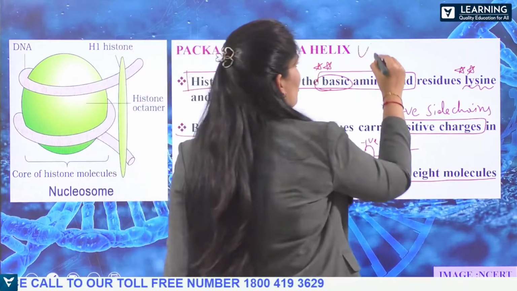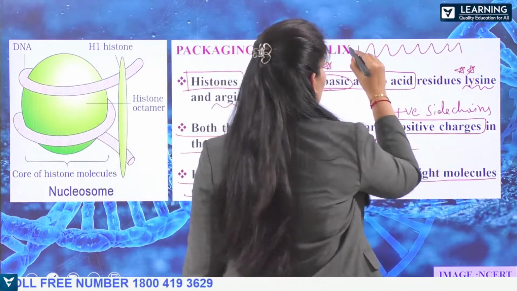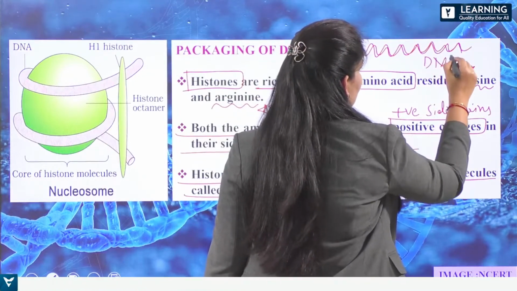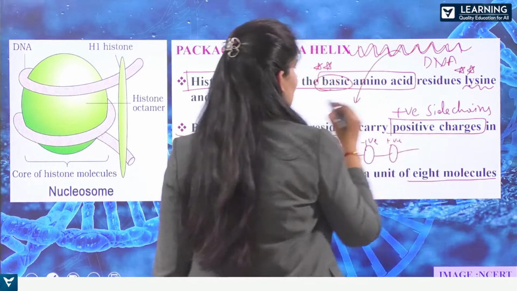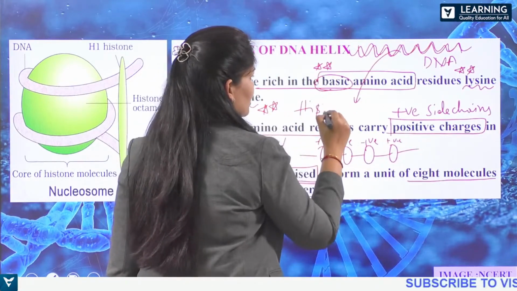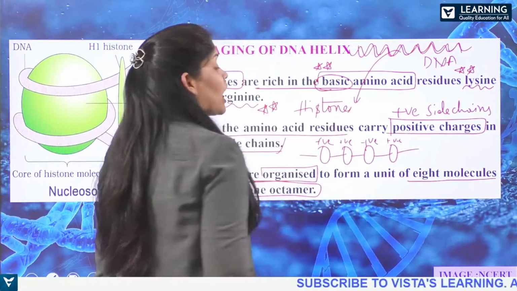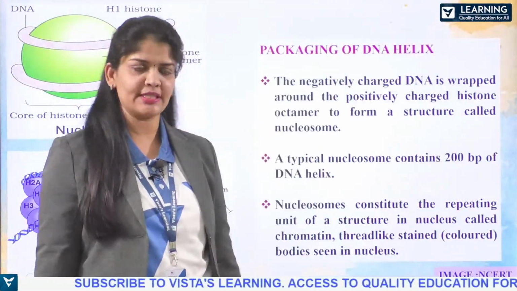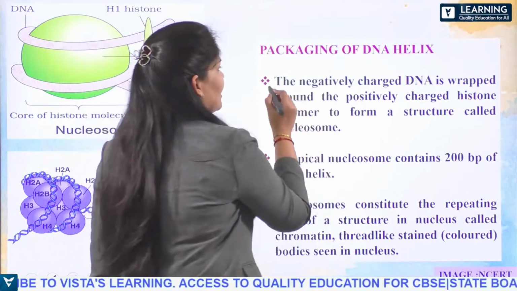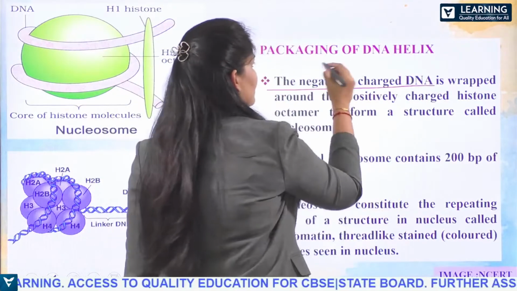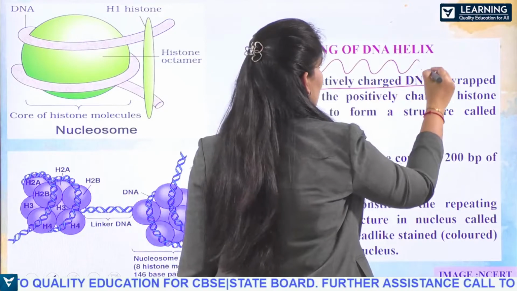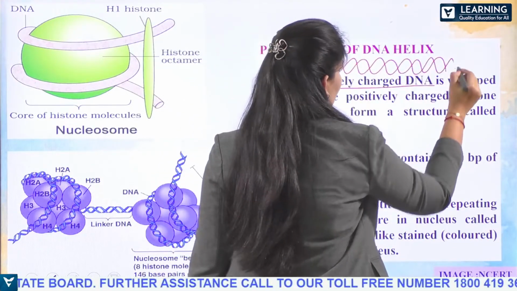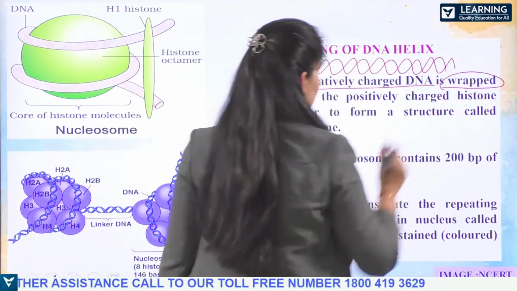See, we have a long length of DNA. This will get associated with the histone proteins. How many histone proteins? 8 histone proteins. And here the negatively charged DNA is wrapped.